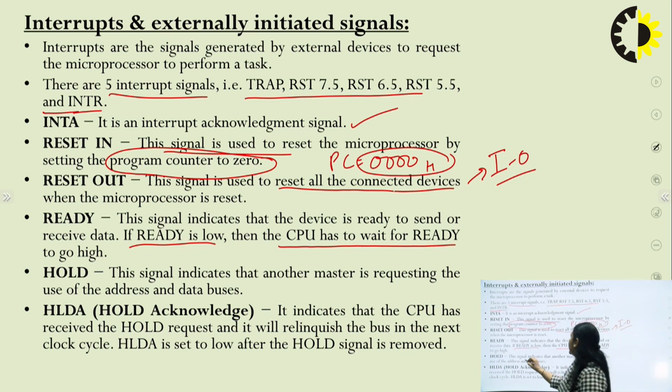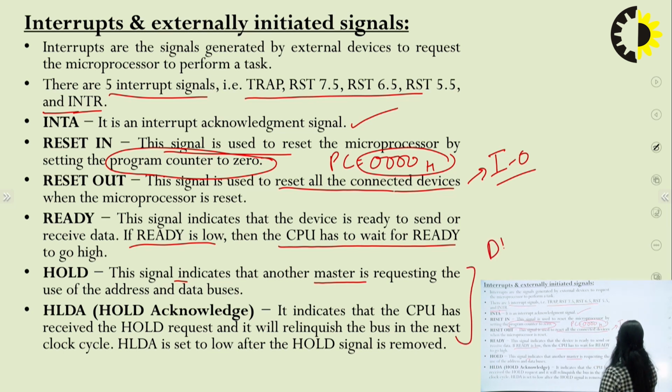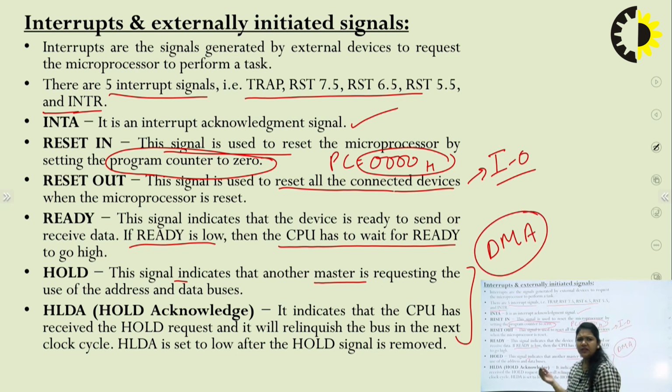Hold indicates that another master or another device is requesting the use of address and data buses. Hold and HLDA, these two signals are used by the DMA signals. DMA signals contain different signals, different peripherals, different programmable devices.